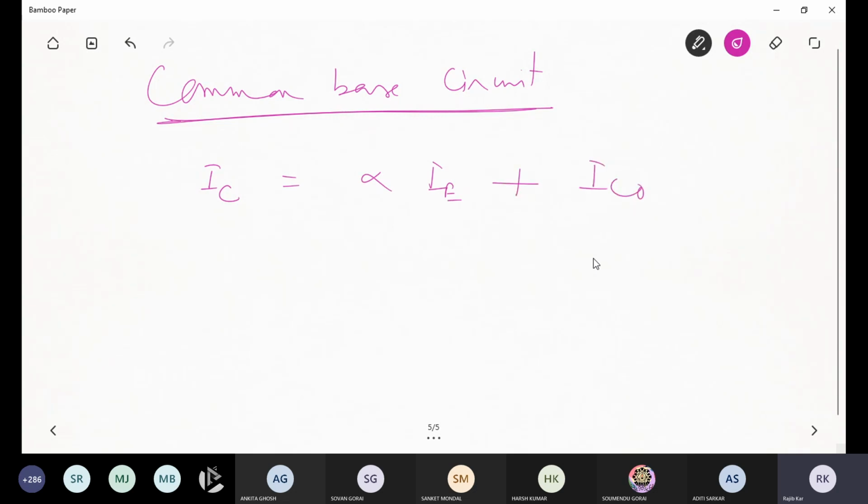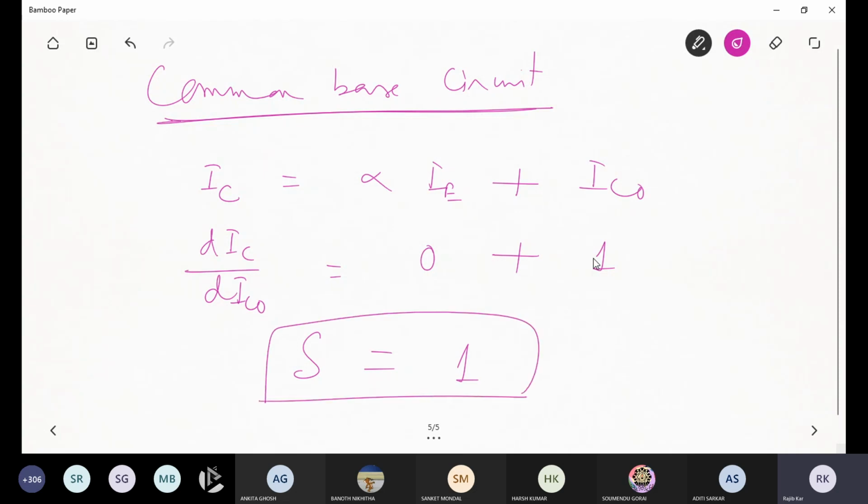If you take the derivative of this with respect to ICO, this is 1. So the stability factor for common base circuit is equal to 1, which is the lowest possible stability factor for any given circuit, and that should be our target.